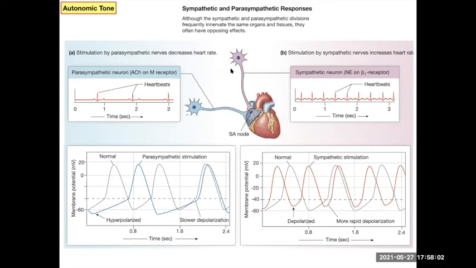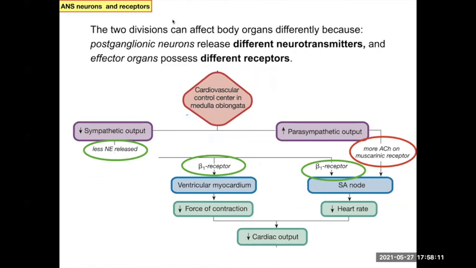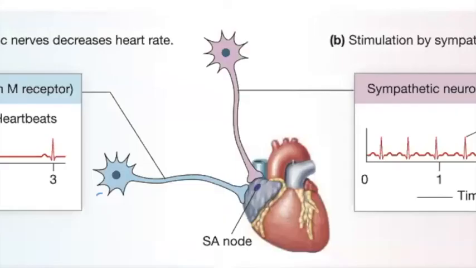Don't worry about the details here. We're just looking at the opposite effects. So how do we get those opposite effects? We have both postganglionic axons going to the same set of cardiac muscle cells. Axon 1, axon 2, they're both spilling some stuff on there, both trying to affect it.